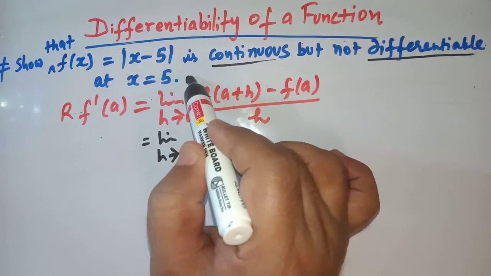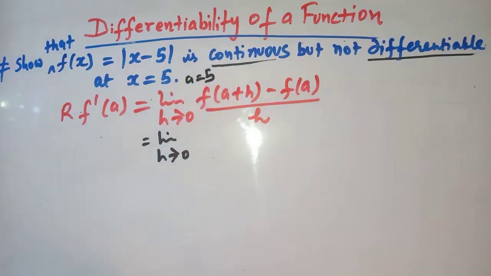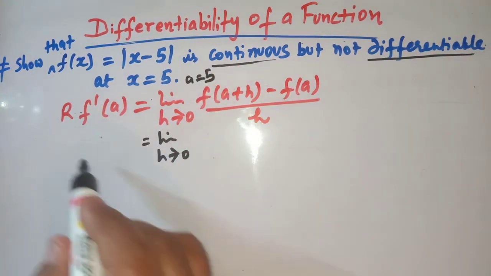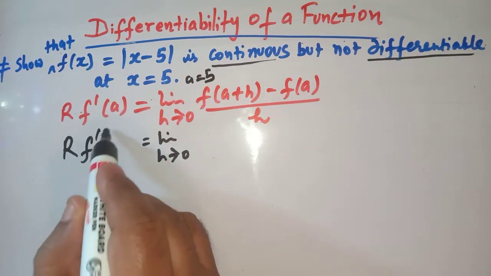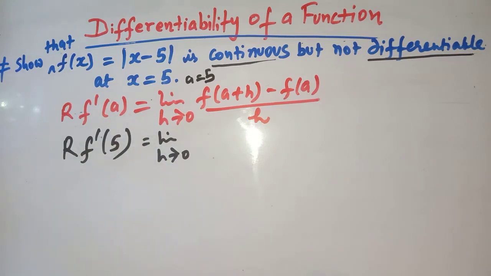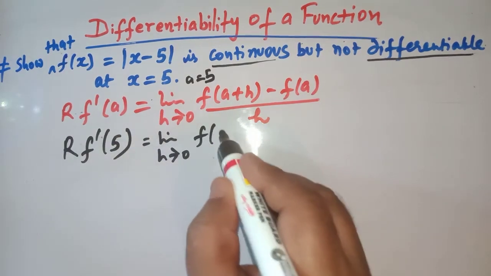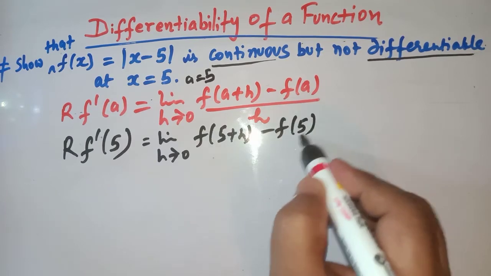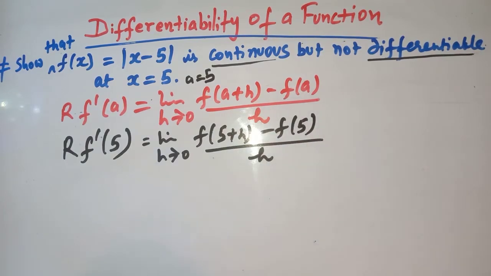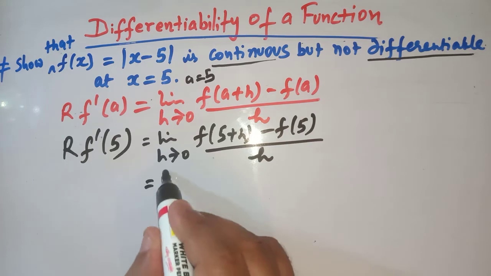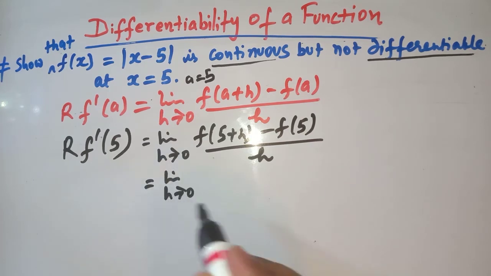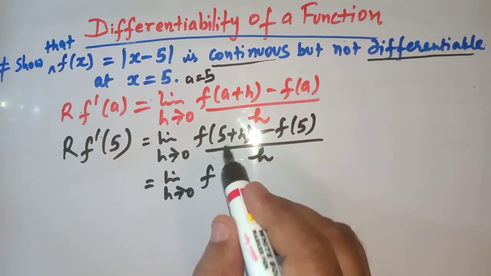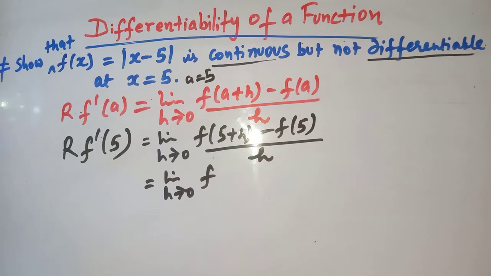So here a is 5. Clear? So here we can write R f prime of 5. So this is f of 5 plus h minus f of 5 over h, and we write limit h tends to 0, f of 5 plus h.